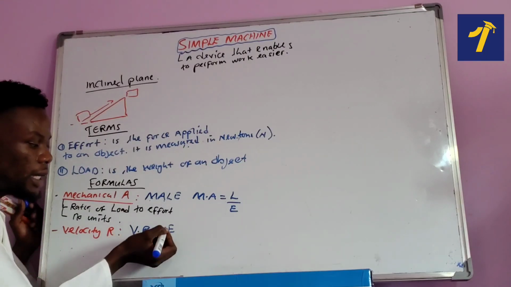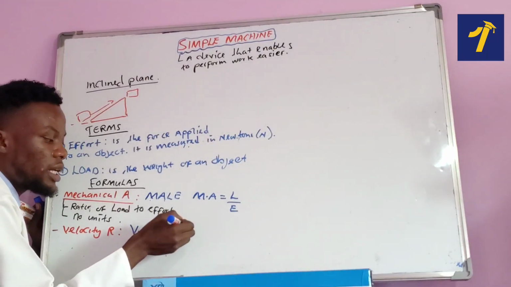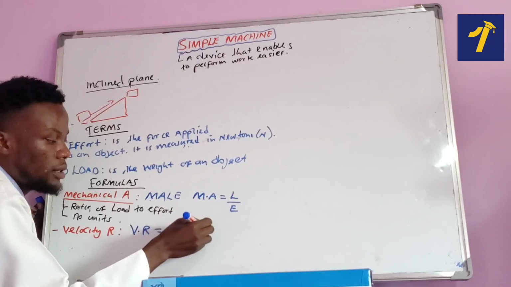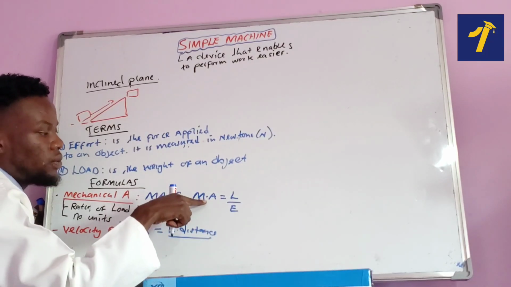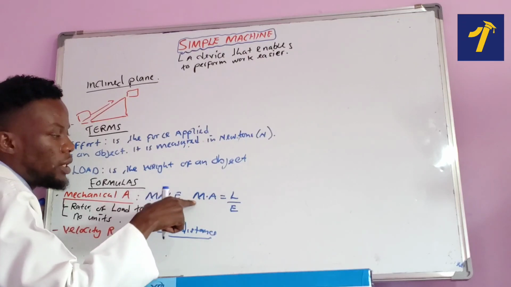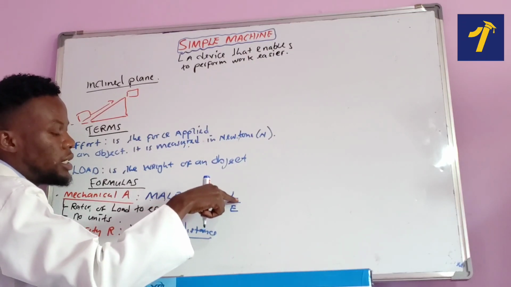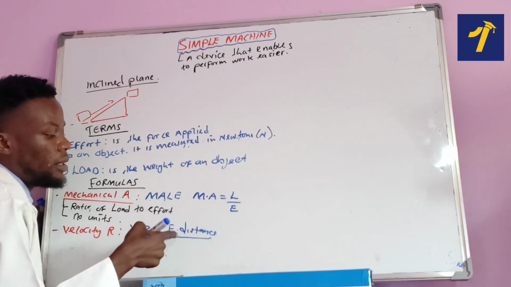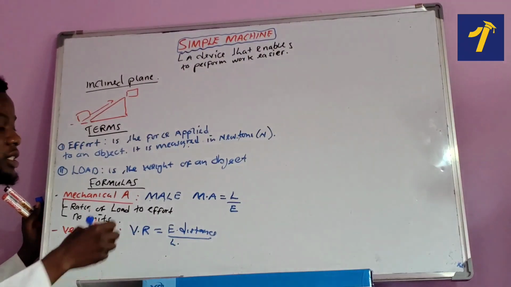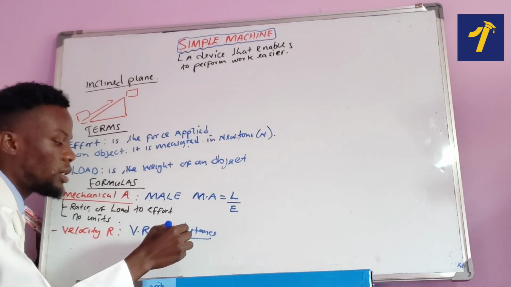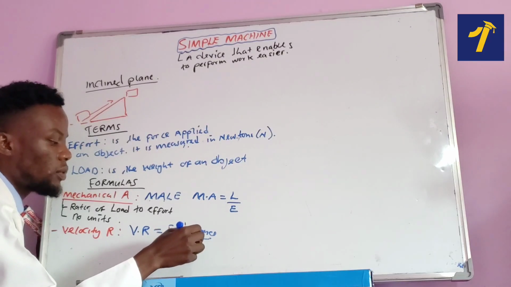Here it is not just effort, we are going to say effort distance over, as you can see, in mechanical advantage the load was the numerator. Here it will be the denominator, but it's not load, it will be load distance.